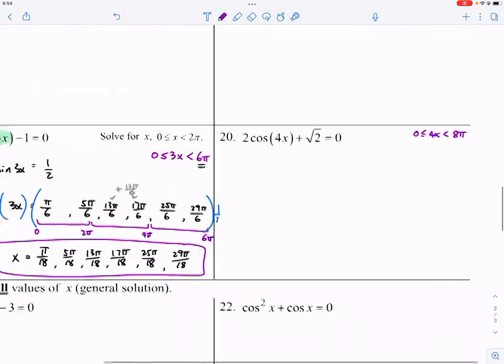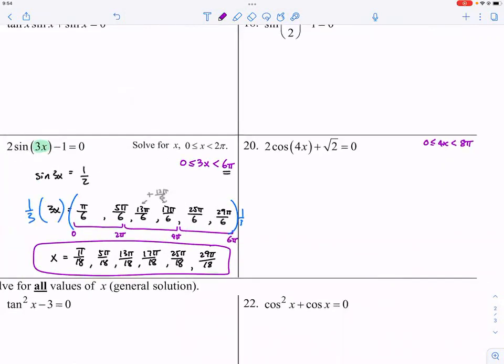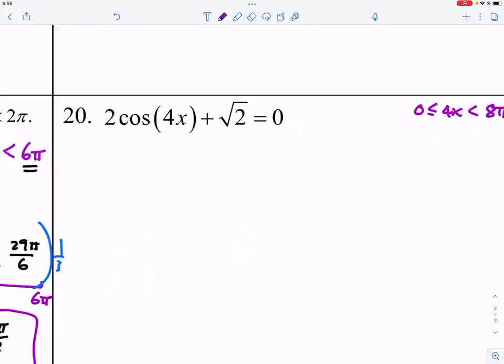I'll let you look at this as a little reference. So you have all the way up until 8 pi, the domain of 4x, for number 20.